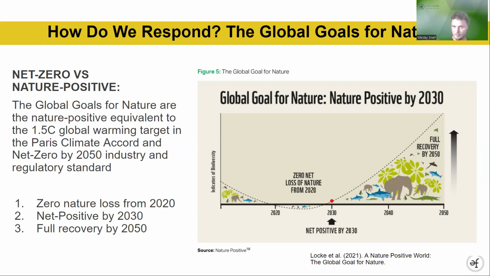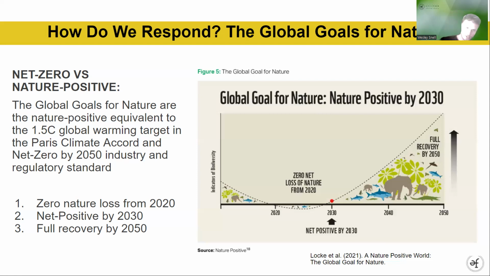At a very high level, we can refer to the global goals for nature. So the global goals for nature are the nature positive equivalent to the 1.5 C global warming target in the Paris Climate Accord. And it's relatively straightforward. The idea is no loss of nature or zero net loss of nature from 2020, net positive impacts on nature by 2030, and full recovery by 2050.